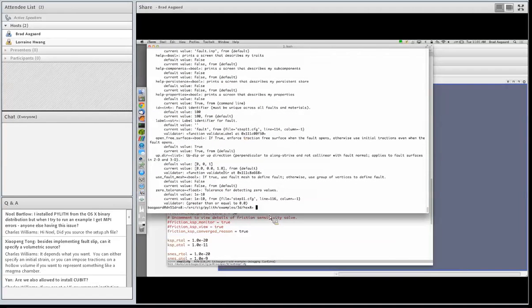So there, I use the same as the default value. We can run it again. No reason not to. Whoops.